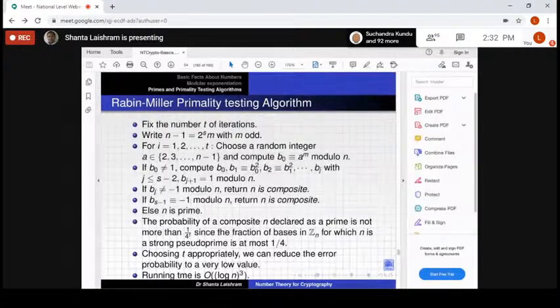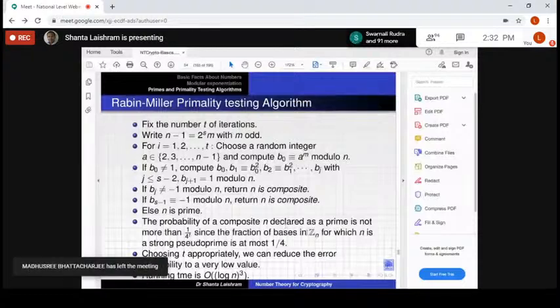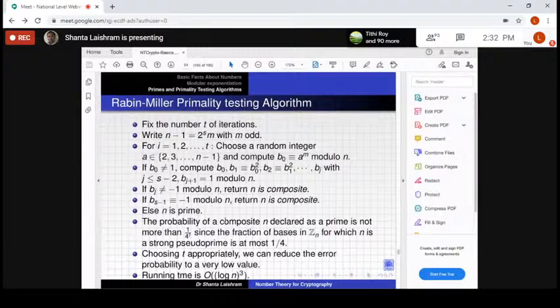Here the probability of a composite n being declared as a prime is not more than 1 over 4 power 10. It follows from the fact that the fraction of bases in Z_n for which n is a strong pseudo prime is at most 1 over 4. This is more theoretical. So the probability that a composite number n is declared prime is not more than 1 over 4 power t.